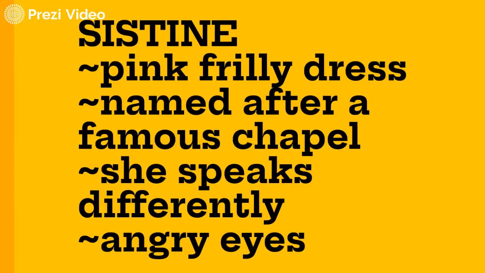Okay, so if I'm going to use these clues to grow an idea about Sistine, I'm thinking, how might this dress matter? I like to use the words "could it be" when I'm trying to think about this. So I might say, could it be that no one else in this town wears dresses to school, so wearing one makes her unusual?